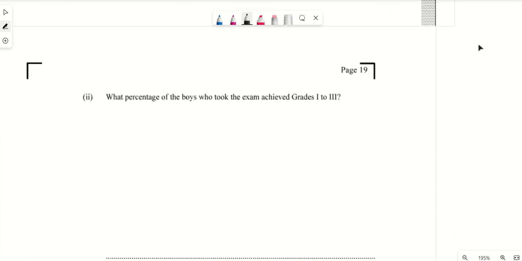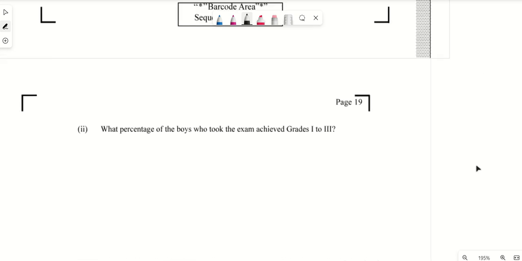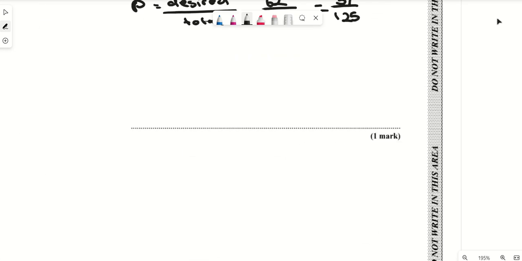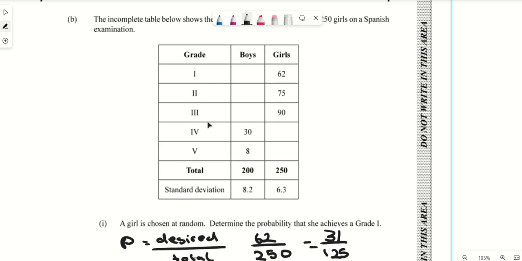And we look at part 2, the percentage of boys that took exams achieved grade 1 to 3. Now, if we look at the chart they gave us, we know that 1 to 3 is the remaining after you take it away from 200. So the persons who got 4 and 5 was 30 plus 8.